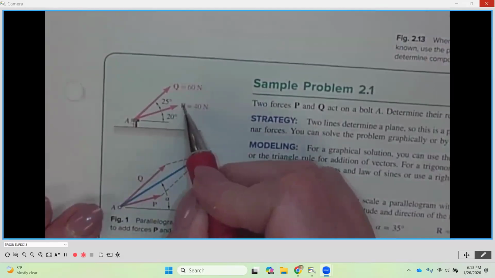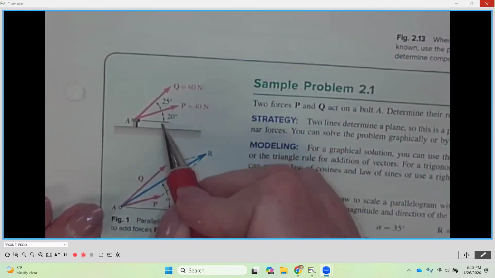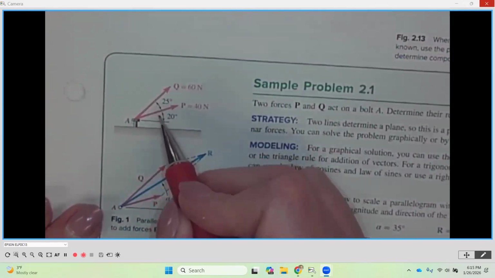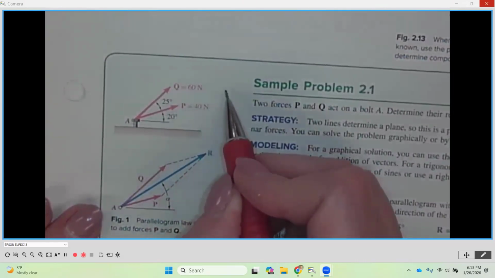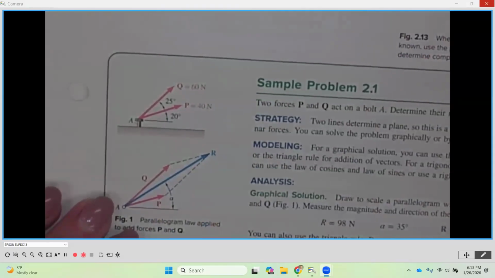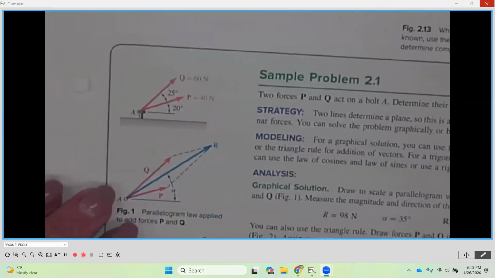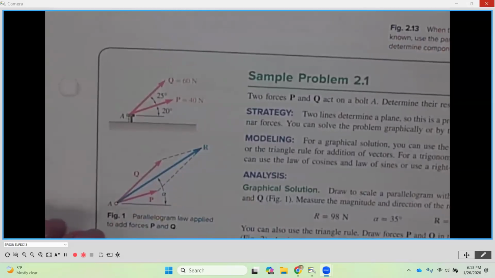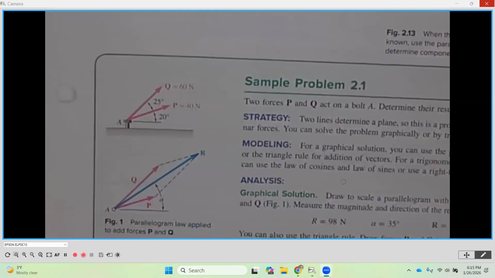Even with this 20 here, Q would still be at a 40-degree angle from horizontal, if this would be 20 and 20. Does that make sense? So only if they would both be at a 20-degree angle could you add them together, I think is what you're asking. Oh, that was for earlier, to figure out what the angle was. Okay. Did the 155 make sense, as we talked about it? Okay, same thing, good.